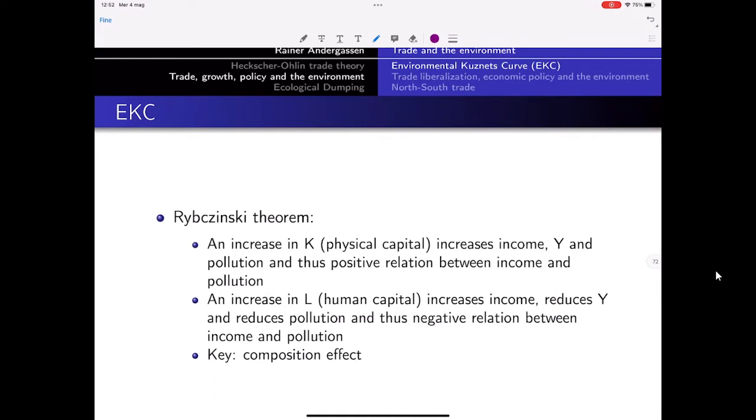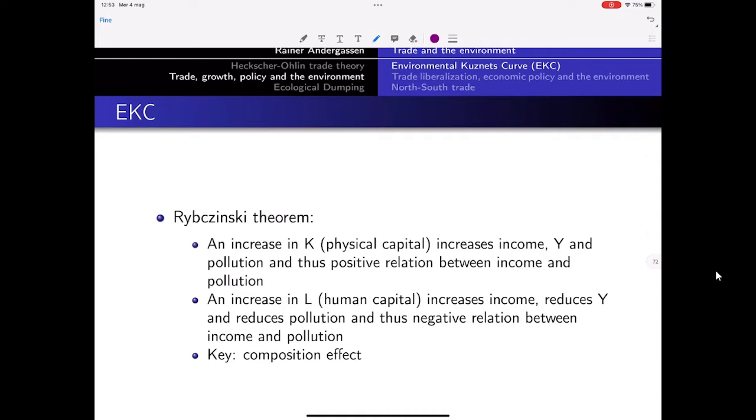Because if you look again at the experience of industrialized countries, so developed countries, this is exactly what happened. In the early stages of their development, you have accumulation of physical capital, but then in later stages, physical capital plays a less important role compared with human capital.